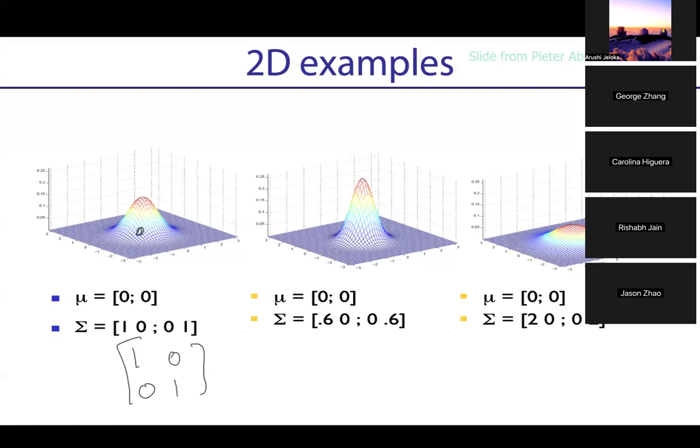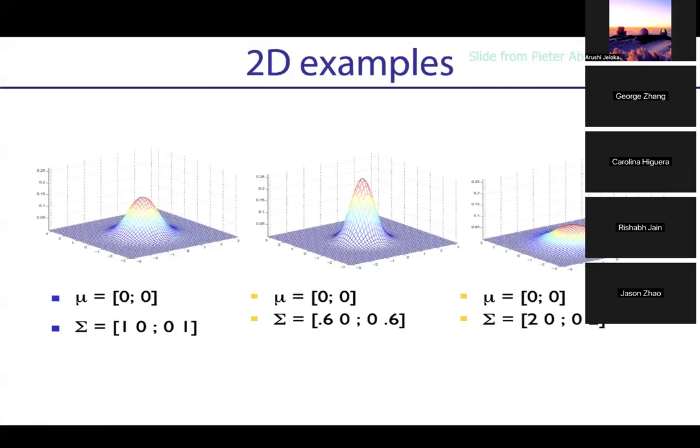Then I changed my sigma and it made it skinnier or wider along a certain dimension. This is all still axis aligned, but it's changing the width of the Gaussian. So you can play around with Gaussians this way, but it's just giving you some intuition for what a 2D Gaussian is.